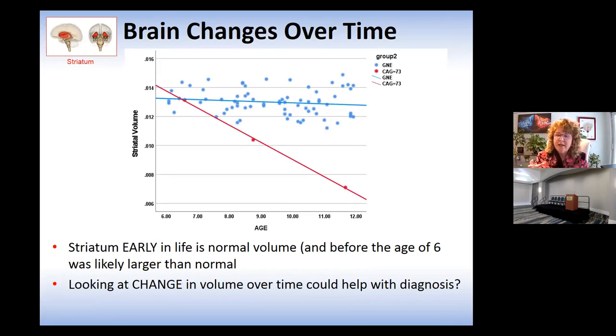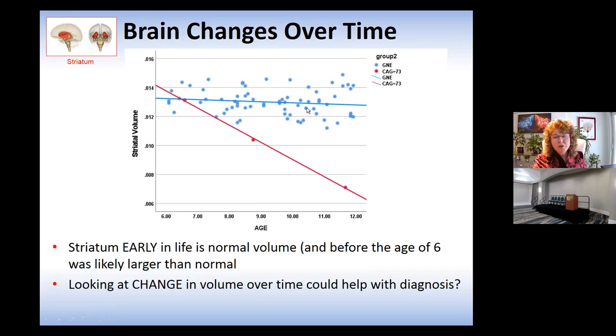If we could find out from looking at brain imaging whether or not someone's brain is changing, right? If the striatum has a slope like this, and if you could see, even if your child doesn't have the motor symptoms, if you could see that the striatum is changing over time, which is not normal, could we make the diagnosis earlier?